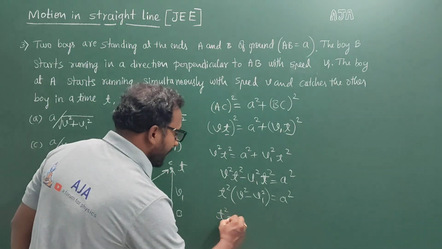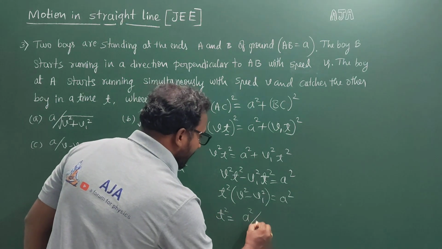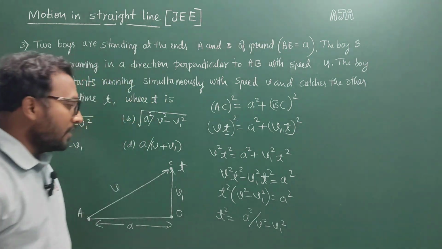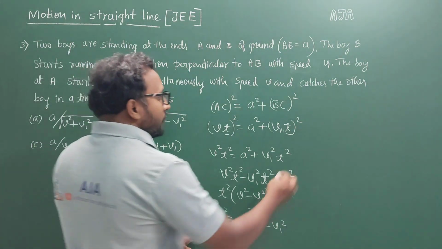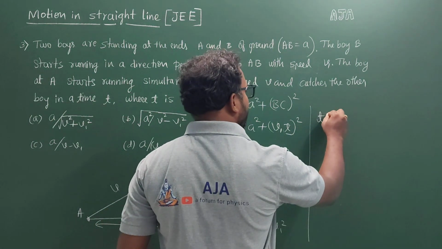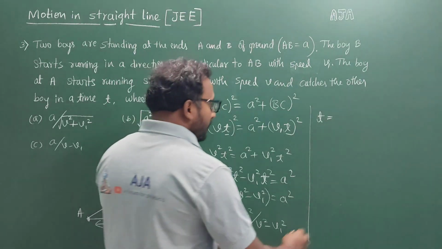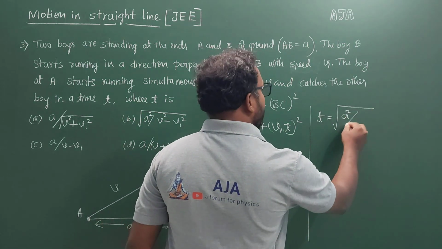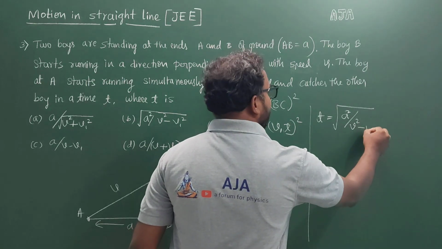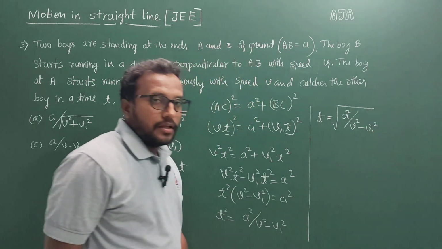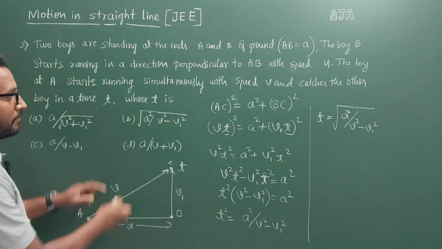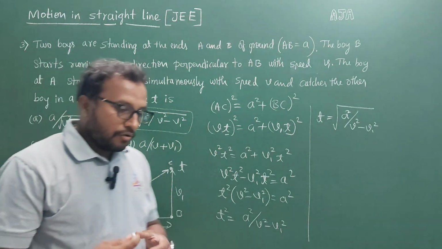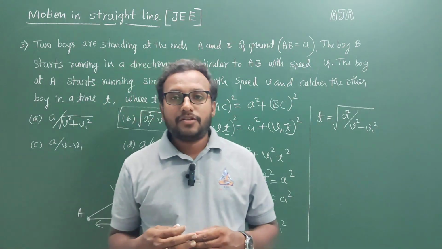So finally t square is equal to a square divided by v square minus v1 square. But I want t only, so therefore the final answer you can write as t is equal to square root of a square divided by v square minus v1 square. So the correct option is this one, option B is correct. So this is how we can use the formula of average speed.